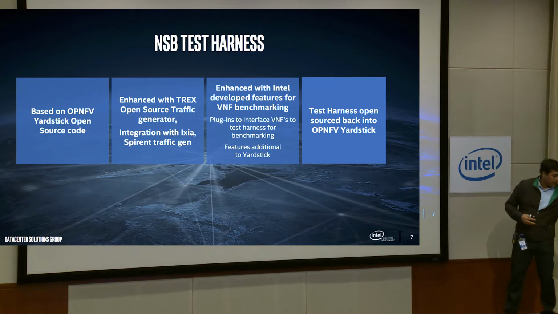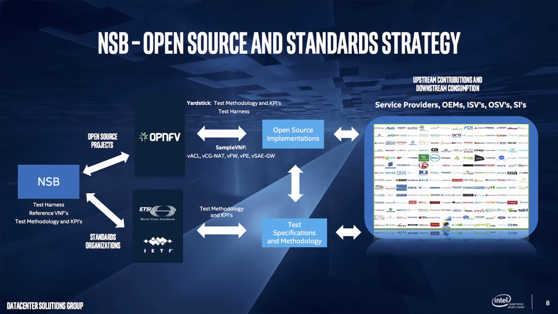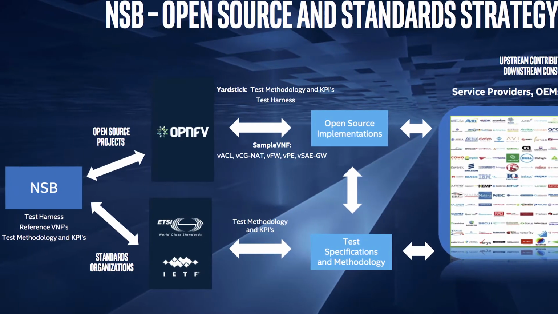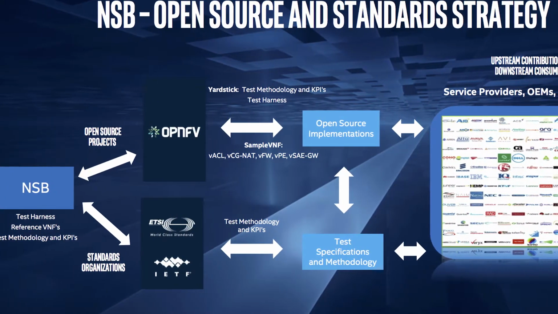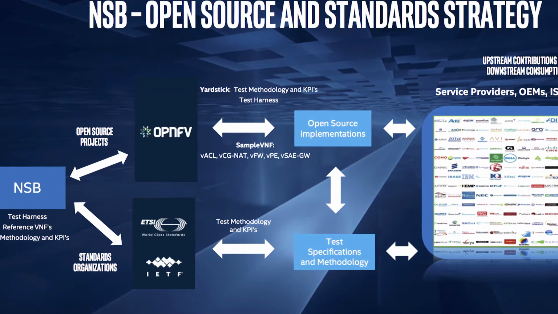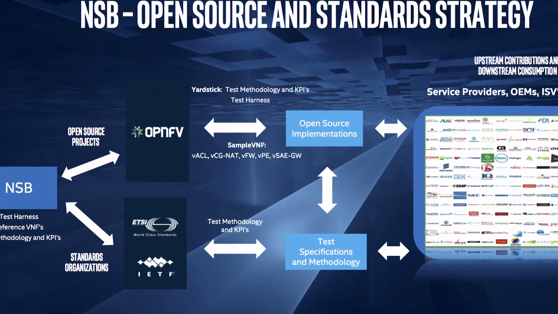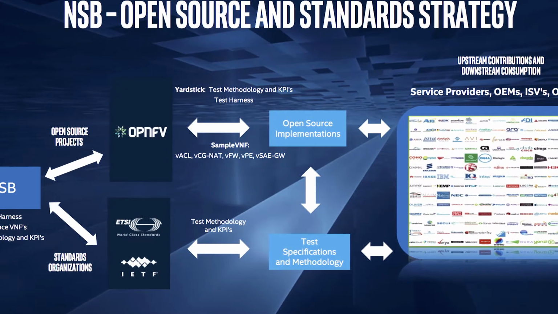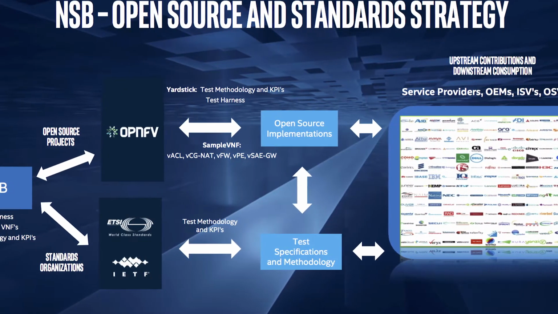Now, there are several issues. This is just a diagram of how it goes into a project like the OPNFV project. How do we do open source implementations? We are based primarily on the ETSI framework. These are the companies and partners. I know you cannot see it very clearly right now.